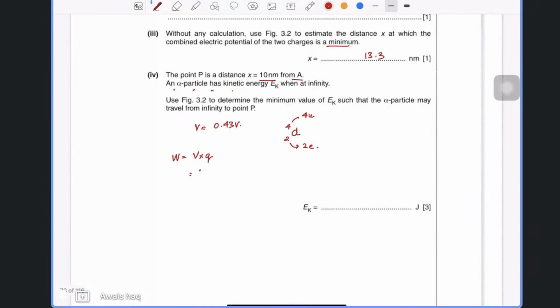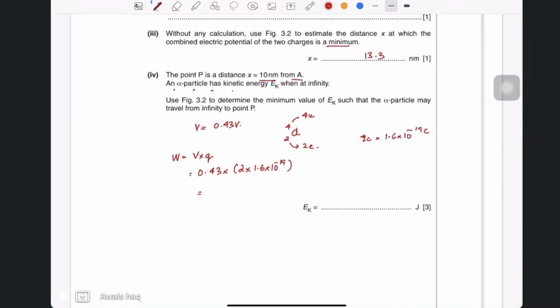So we write 0.43 times the charge, 2 times 1.6 times 10 raised to minus 19, because 1e is equal to 1.6 times 10 raised to minus 19. What do you get? 1.38 times 10 raised to minus 19 joules would be the answer. Okay, everyone, any questions?